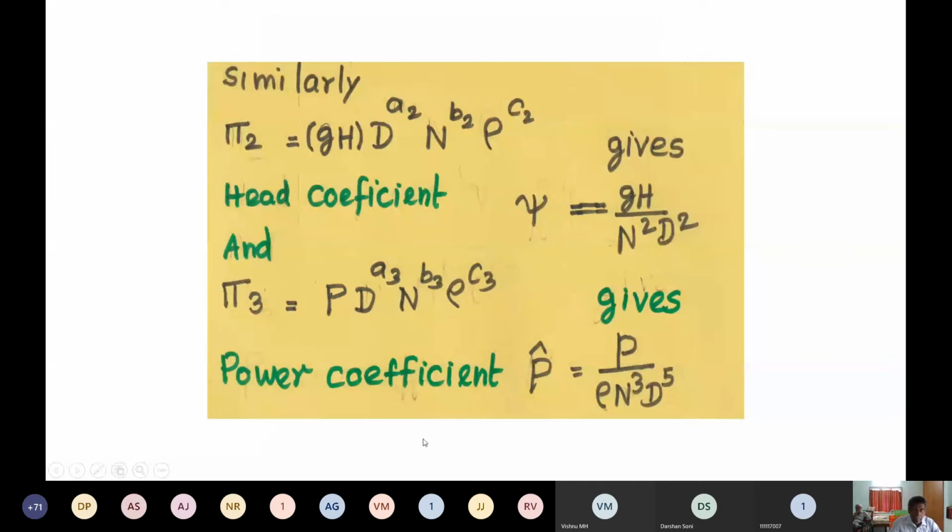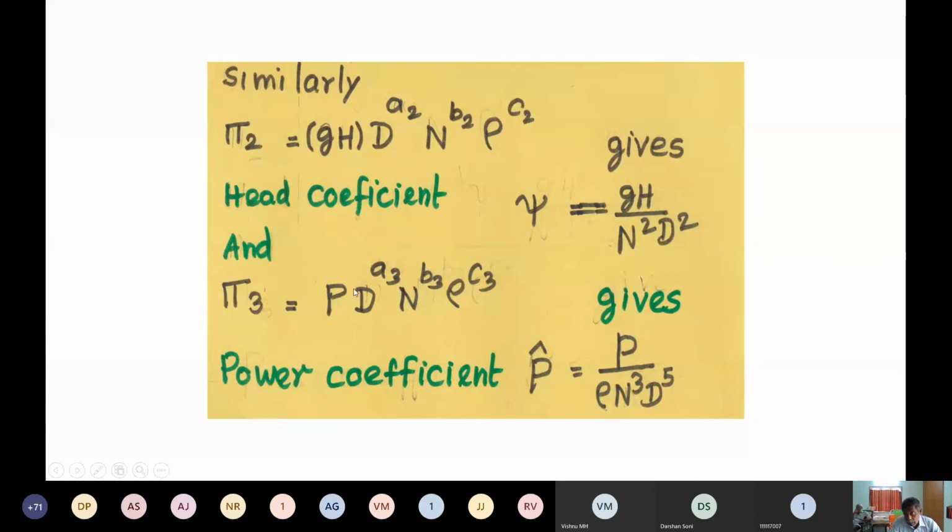So similarly, we have pi 2, which is, this time I have added specific work GH into D power A2 into N power B2 into rho power C2. Okay, so this will give me the non-dimensional number pi 2, which is denoted as psi, the head coefficient, and its expression is GH divided by N square D square.